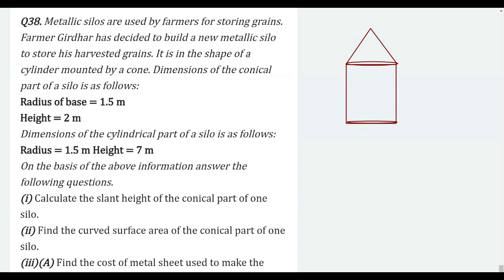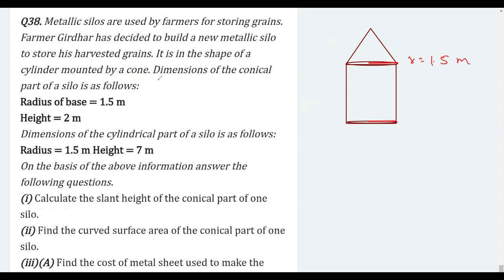Now, if I see the dimensions given here, the radius of the base is 5. So we can write R is equal to 5 here. And the height, what is the height? Height is 2 meter. Where I wrote this is 1.5 meter, and the height is 2 meter.